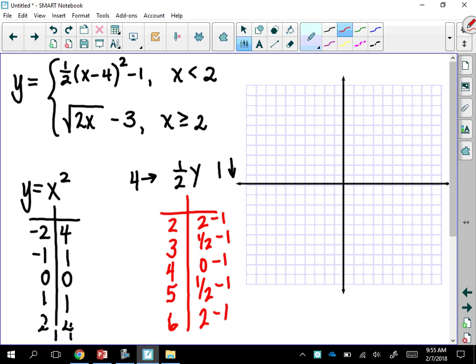So those points are at 2, 1, 3, -1/2, 4, -1, 5, -1/2, and 6, 1. Is that right? So our parabola would look something like this.